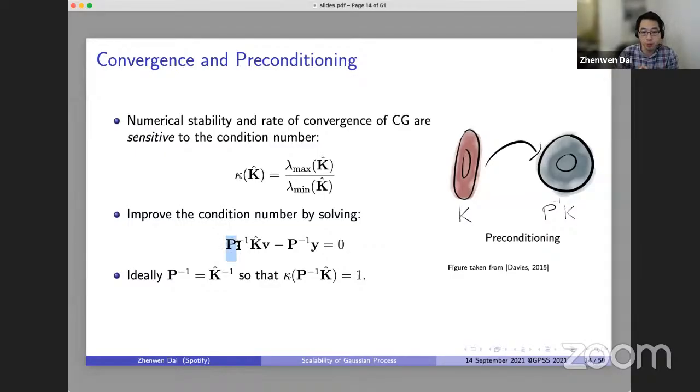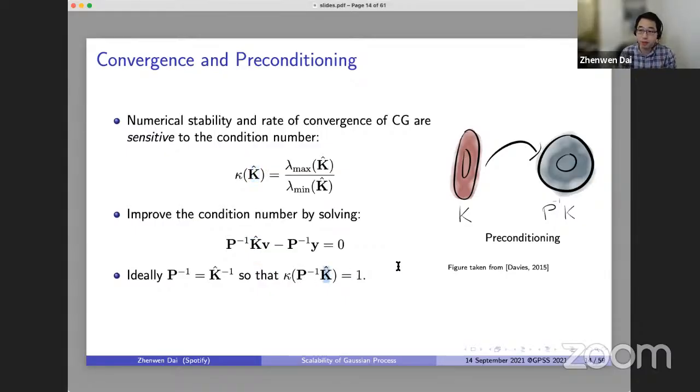If we multiply a P inverse in front, so that we find a linear solution with P inverse K hat instead of K hat alone, then what we are calculating is, instead of the condition number of K hat, the condition number of P inverse K hat.